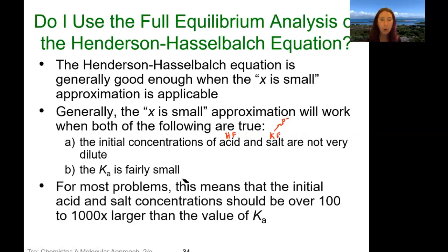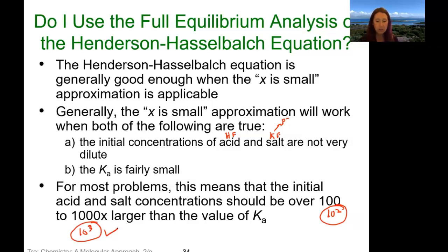These approximations, I'm hoping that because of these approximations, you've kind of seen how we do this, right, with approximations. So the initial acid and conjugate should be 10 to the 2 or 10 to the 3 difference. Here, playing with fire. Here, pretty good, right?